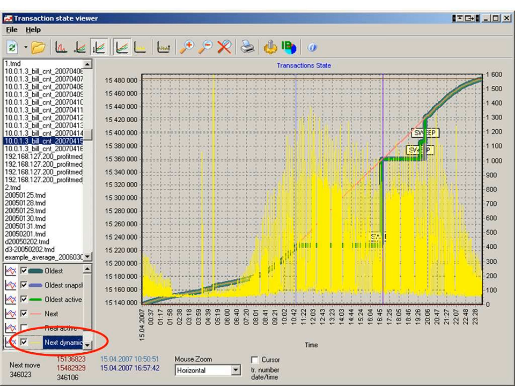You have the flag there: some applications closed the transaction.